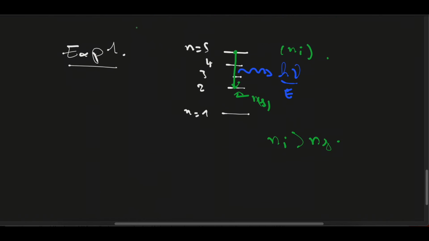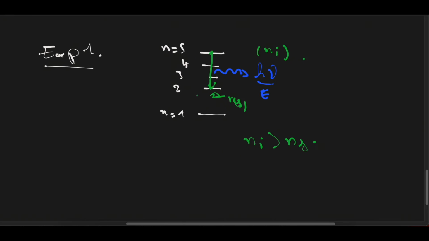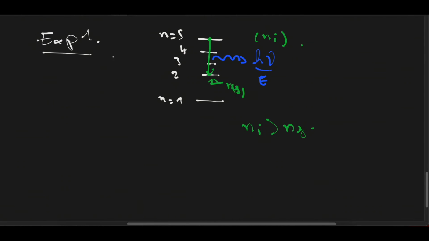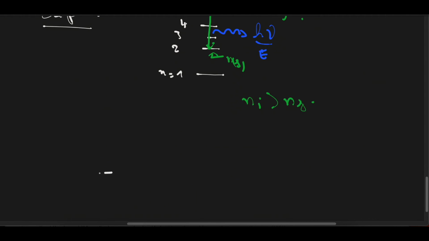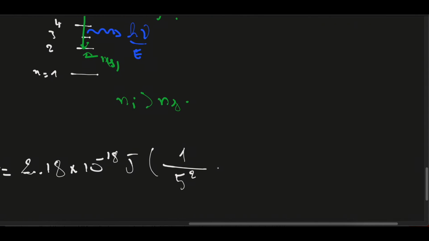So we can apply this expression to determine the energy of this photon. We replace, and we have delta E equal to the constant in joule times 1 over 5 squared minus 1 over 2 squared.